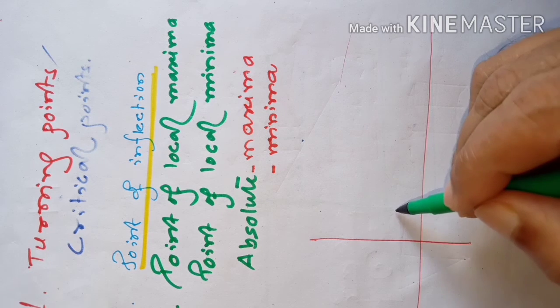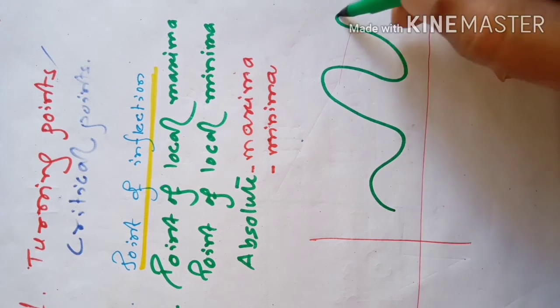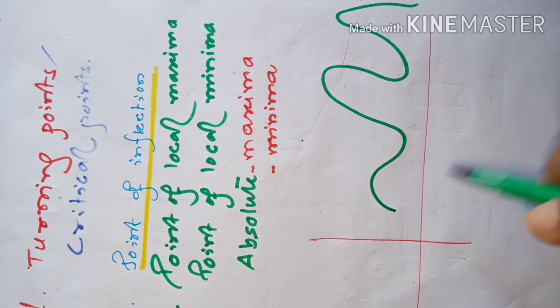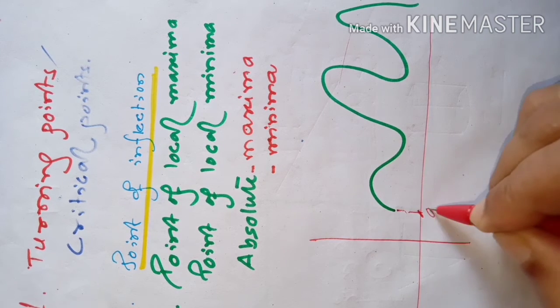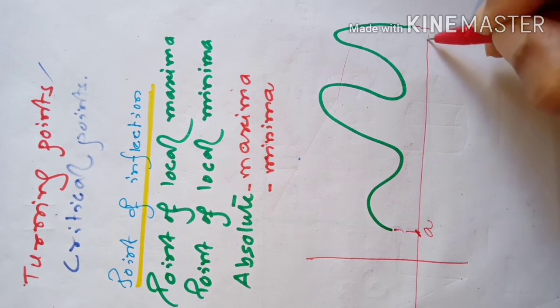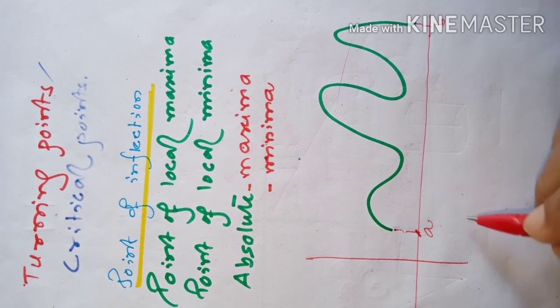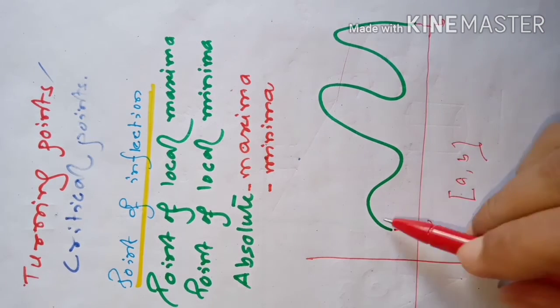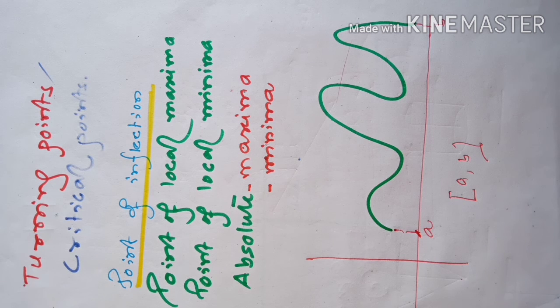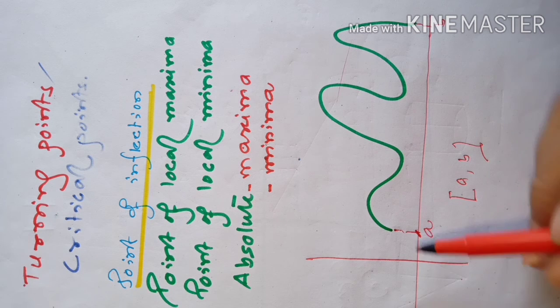Okay. Now suppose in a closed interval, this is the graph. Say this is A and this is B. In the closed interval A comma B there are so many points at which the graph changes its direction.